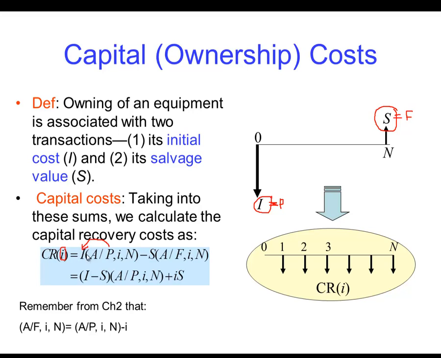It's present, it's today's money. Minus S multiplied by the factor A given F. That means the salvage value here is considered as a future value with interest I and number of periods N.